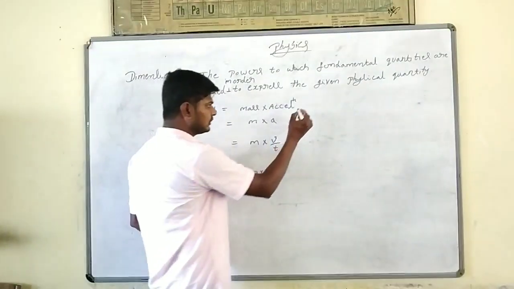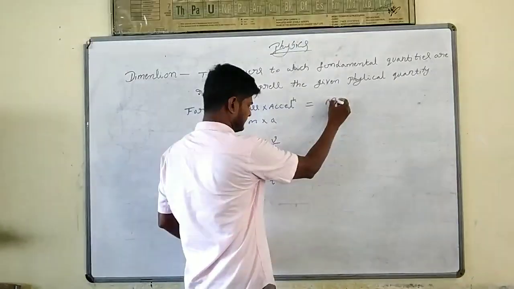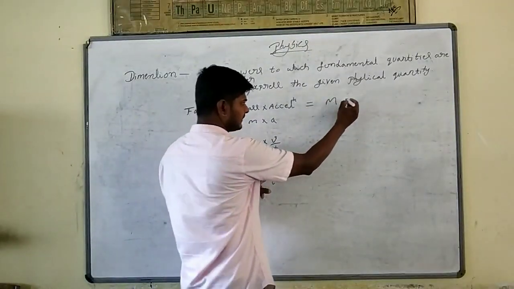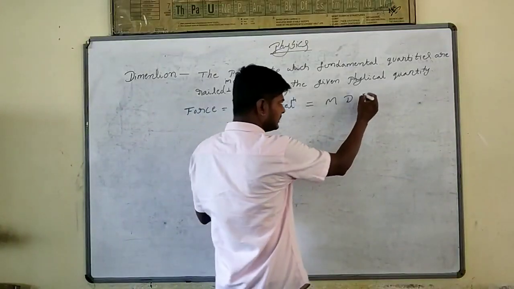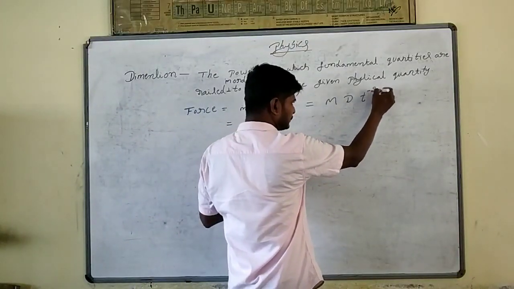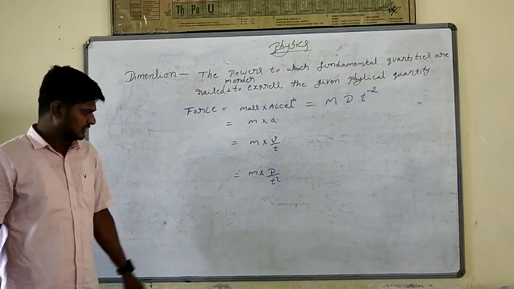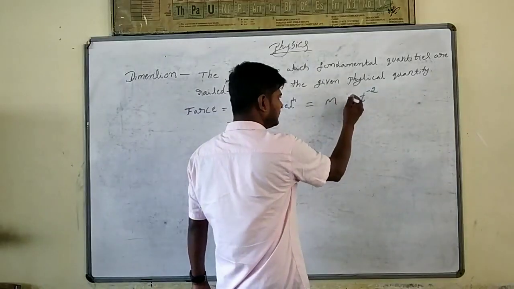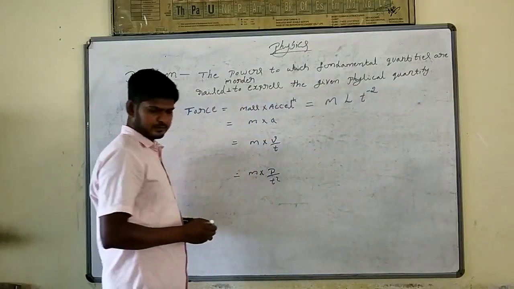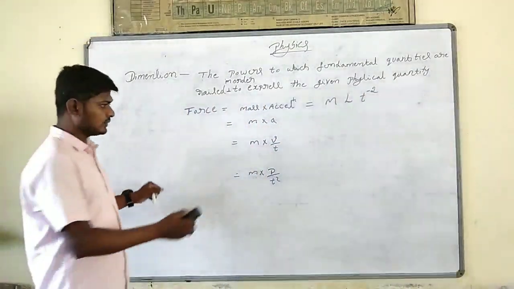When we write this, what will happen? M d, this t comes to the numerator means t power minus 2. Here d is what? Displacement. Displacement means length only. Yes or no?